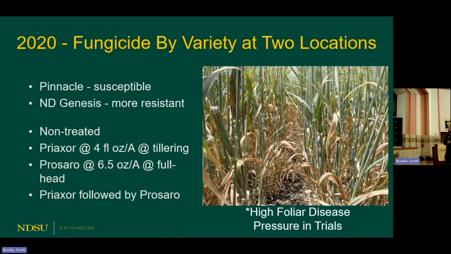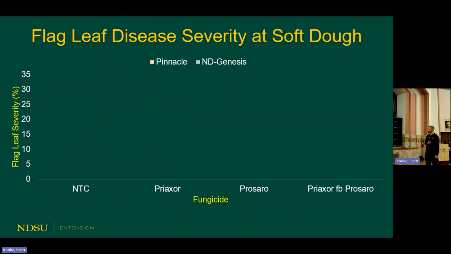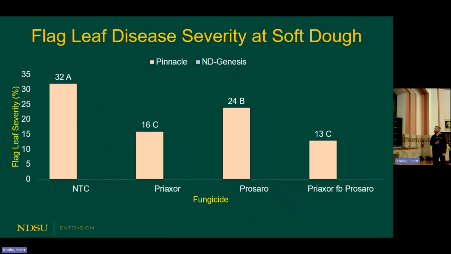So what am I trying to tell you from this type of study? Well, the first thing is I want to talk about disease severity. Remember the first thing I said about why we use fungicides? We manage disease. If we manage that disease, we are able to protect our yield. So if we want to look at the value of fungicide and different programs, here on the susceptible barley varieties, you get quite a bit of disease throughout the season.